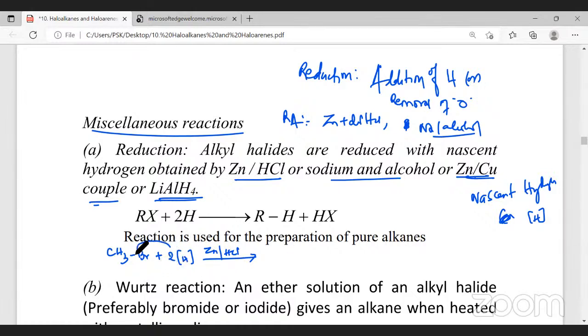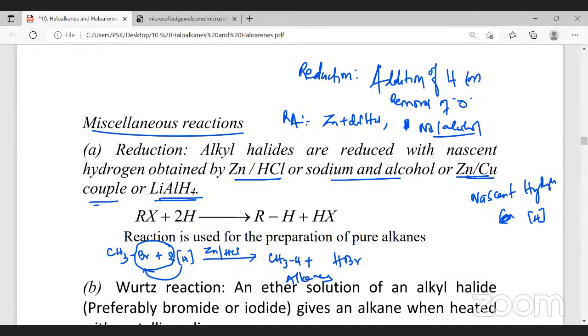One of the hydrogens will react with bromine to form HBr. It is not 2Br, it is H. One of the hydrogens reacts. In place of Br, H goes. So I'll get CH3H. So alkanes can be prepared by reducing alkyl halides. When alkyl halides are reduced, the product we get is alkanes.